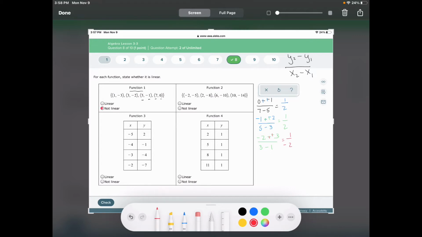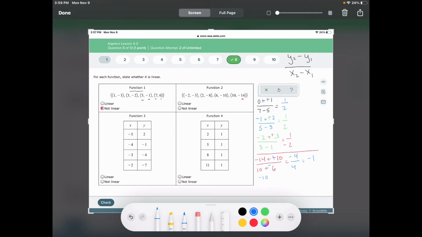So this can't switch from negative to positive, so we would say not linear. When we get to function 2, we're going to start here and say negative 14 minus negative 10 over 10 minus 6. That's negative 4 over 4, or negative 1. And then we have to keep moving down.